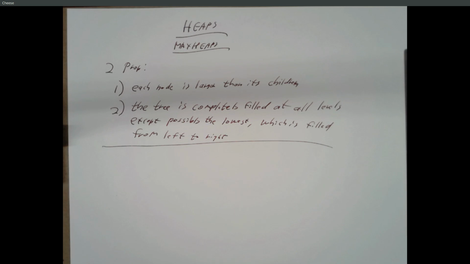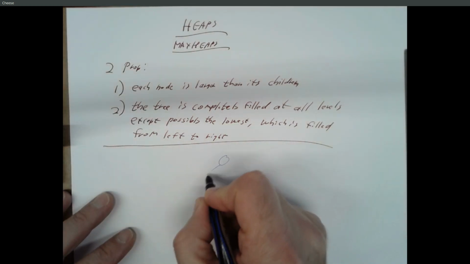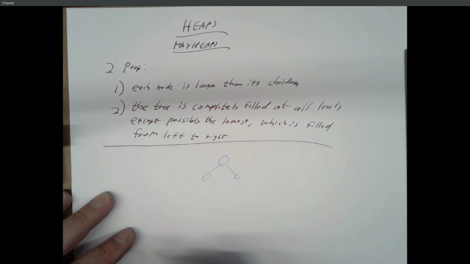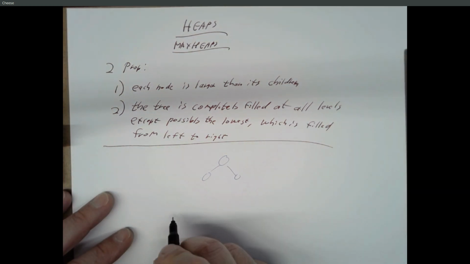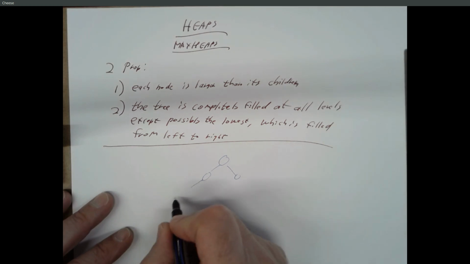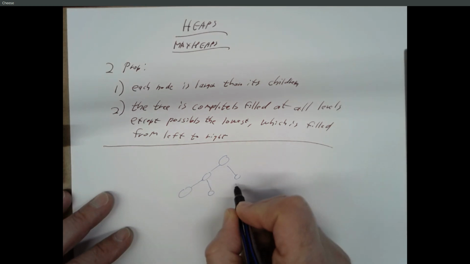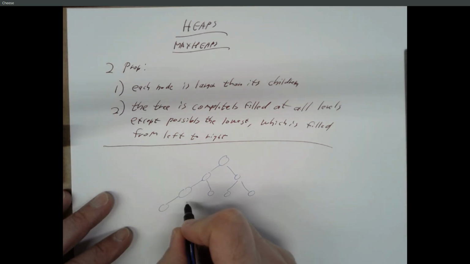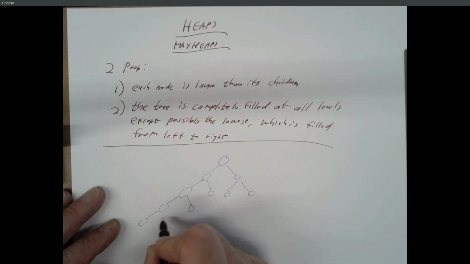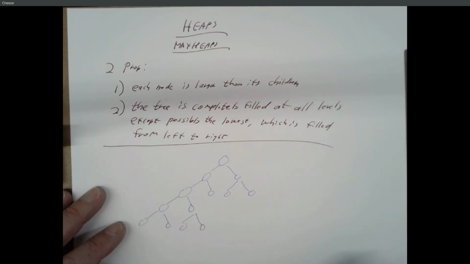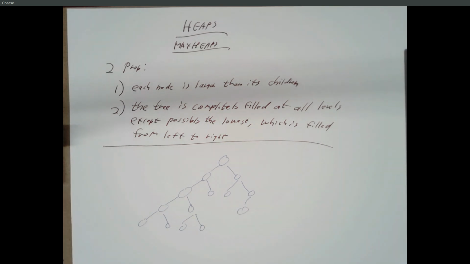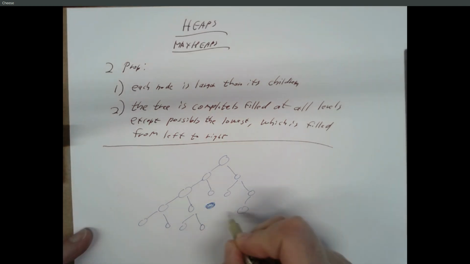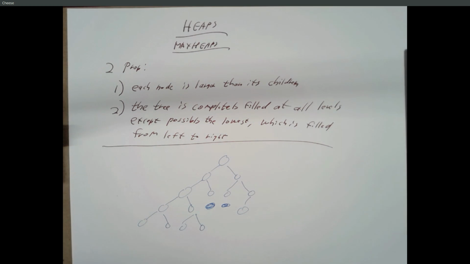So let's just look at property 2. What do I mean by this tree being completely filled at all levels? So that's completely filled, right? Each level has the most nodes possible. This is also completely filled. This is not completely filled, right? Because I could have some nodes here and here, right?